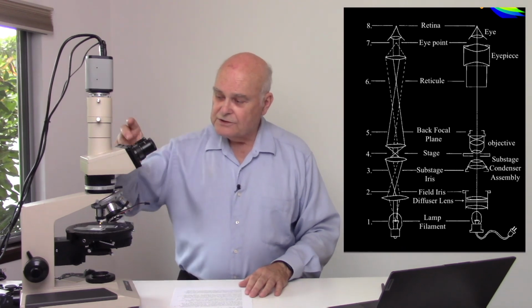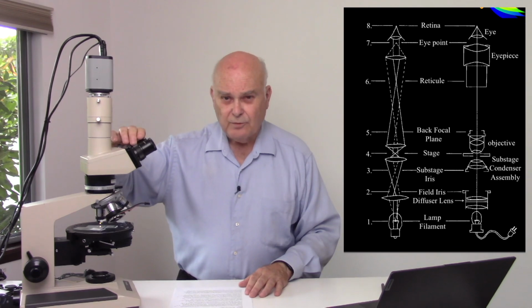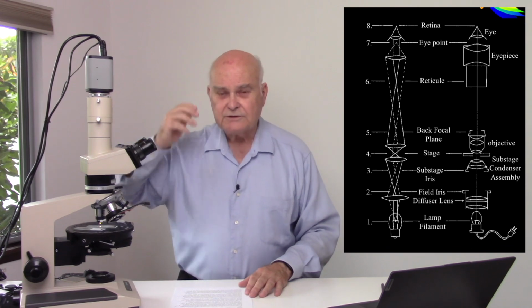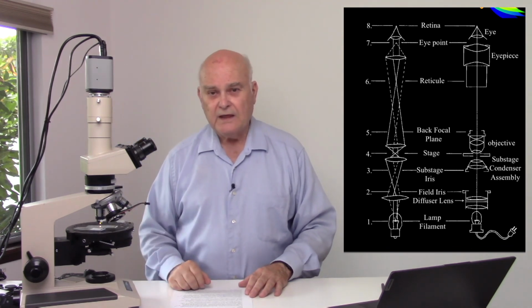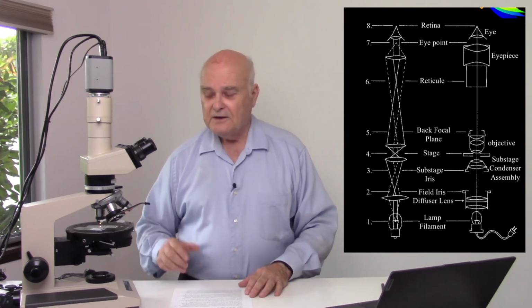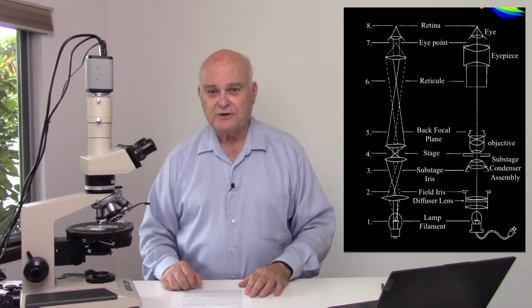Those are in focus on the reticle that's at the focal point of the eyepiece. That's plane 6. And then finally, in focus on the retina of the eye, plane 8. These 8 planes are critical to optimally using the analytical power of the light microscope.